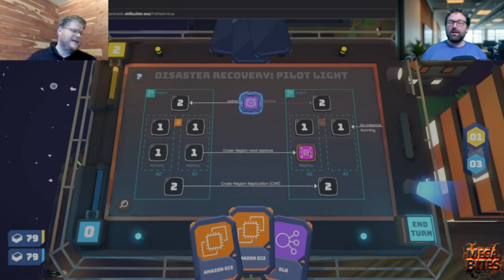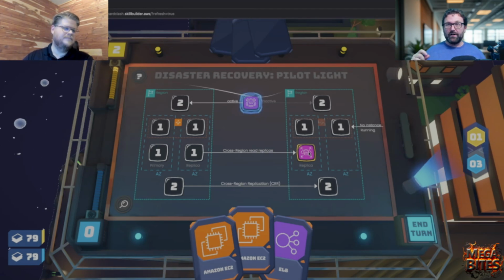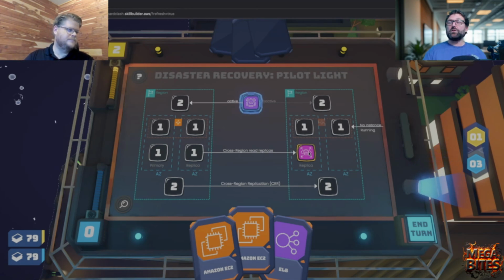Or, yeah, I mean, if you're automating failovers, you have to have running resources. You have to have an automated failover for the database as well. You have to have something like Aurora, which can keep the replication lag under 1 second with physical replication.